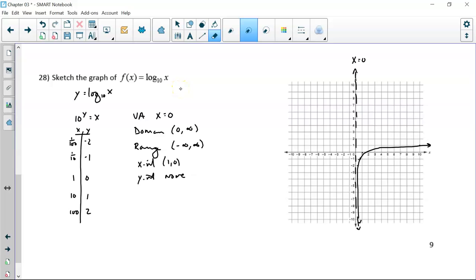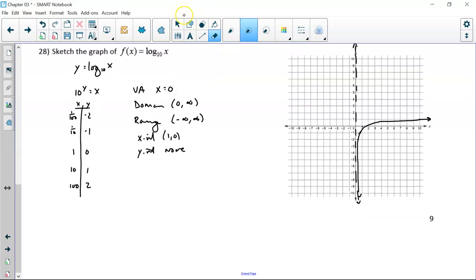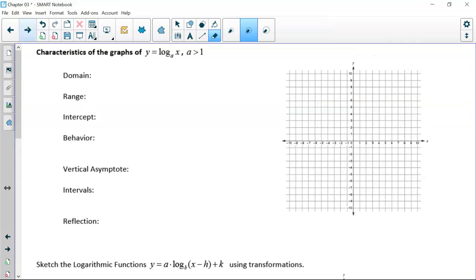So for the characteristics of these log graphs, let's just do y equals log base 3 of x. So what we do first is x equals a to the y.